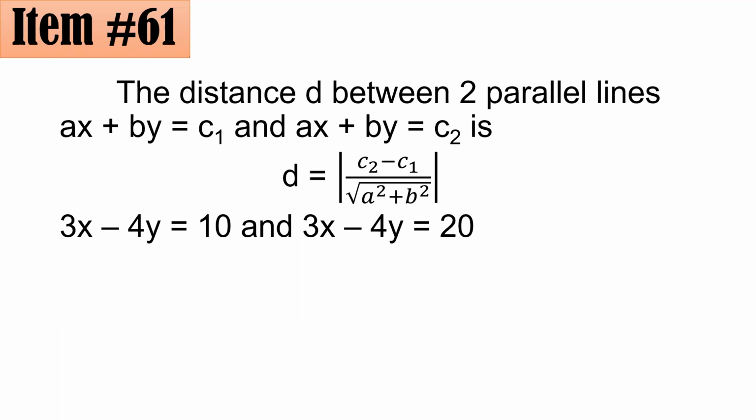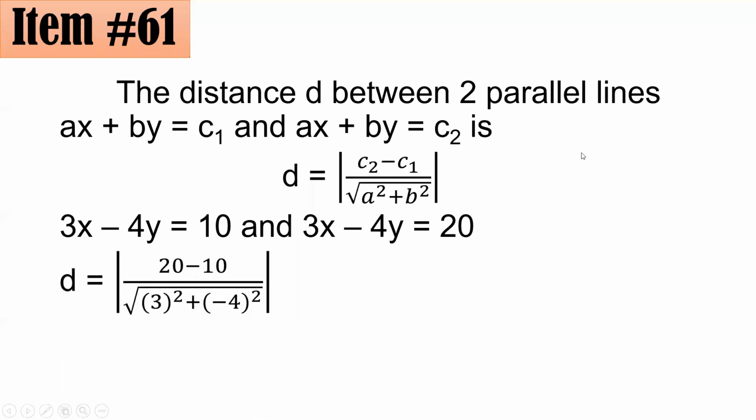Okay? So knowing those values and plugging them into the formula, we have d equals the absolute value of the quantity 20 minus 10 all over the square root of 3 squared plus the square of negative 4. Simplifying this, your numerator, 20 minus 10, will give you 10. Yung denominator po natin ay magiging 9 plus 16, which is 25.